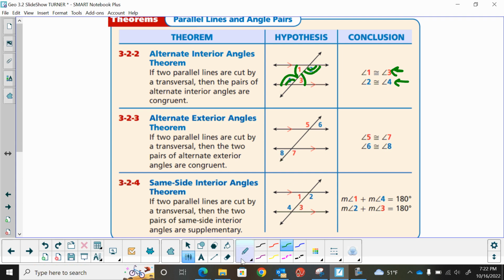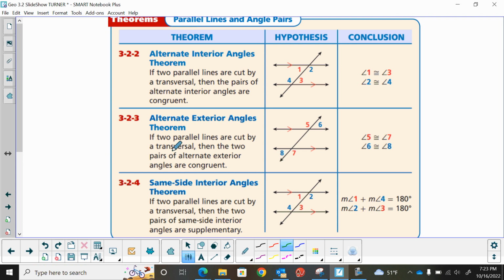The nice thing about your notes is the different colors: red and blue angles pair up the ones that are congruent. The two red angles, 1 and 3, are one pair of alternate interior, and the two blue angles, 2 and 4, are the other pair.